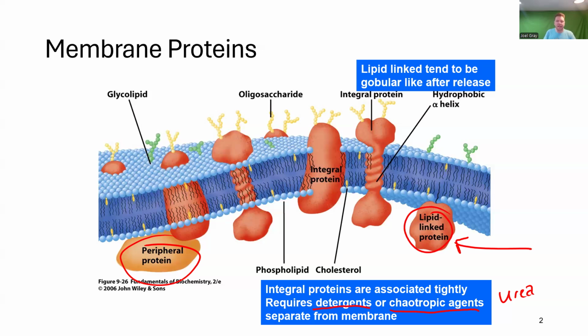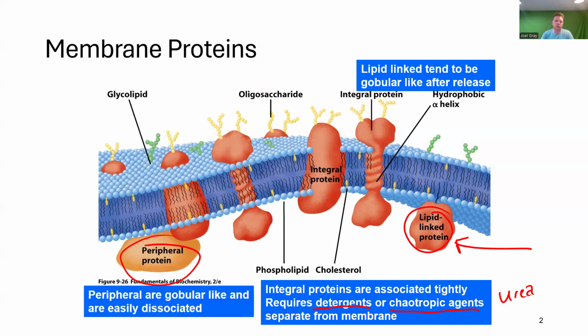So it's got a fatty acid, maybe, or a long alkyl group, some sort of 10, 20, or 30 carbon hydrocarbon that's super hydrophobic, that whenever it gets inserted into a membrane, it likes to stay there. So that lipid-linked protein is going to be one that attaches or associates with a membrane because it's got that group that grabs onto it and holds it there.